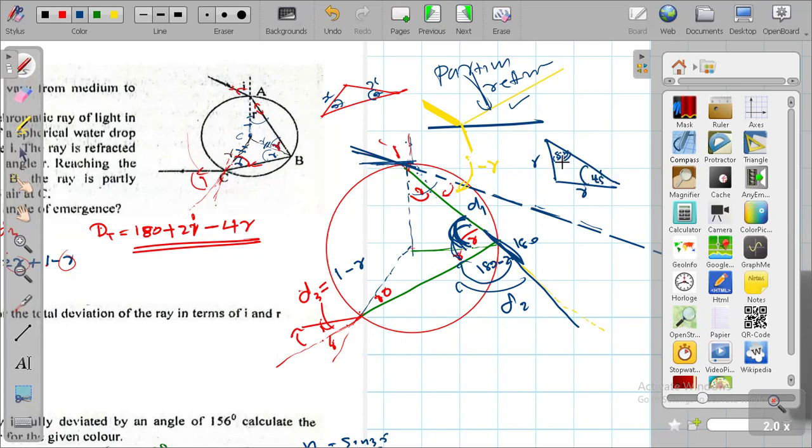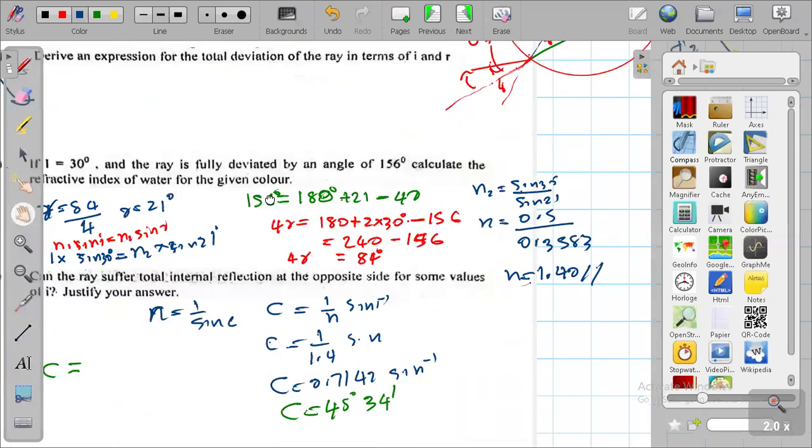According to trigonometry, if these two get bigger than 45, it is no longer going to be a triangle. So it will never suffer total internal reflection.